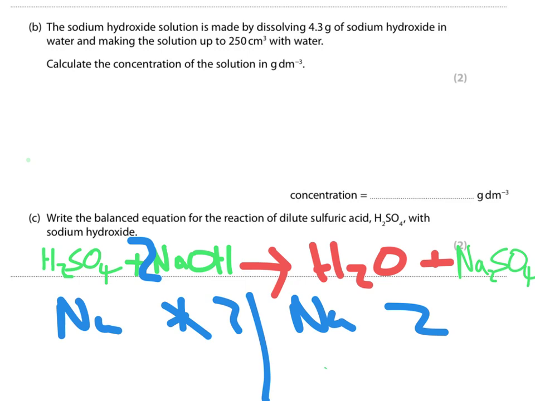So let's do the oxygen. If we look over here, we got 4 oxygens here and 2 oxygens here, so 6 oxygens, and over on the right hand side we've only got 5 oxygens, 1 in the water and 2 in the sodium sulfate. So how can we get another oxygen? Well, if we put a big 2 here, we've now got 6 oxygens. And if we now count all the hydrogens, they should add up as well. Let's count, so you've got 4 here, 2 here, so 4, and we've got 4 here, so that all makes sense, so it's all balanced.